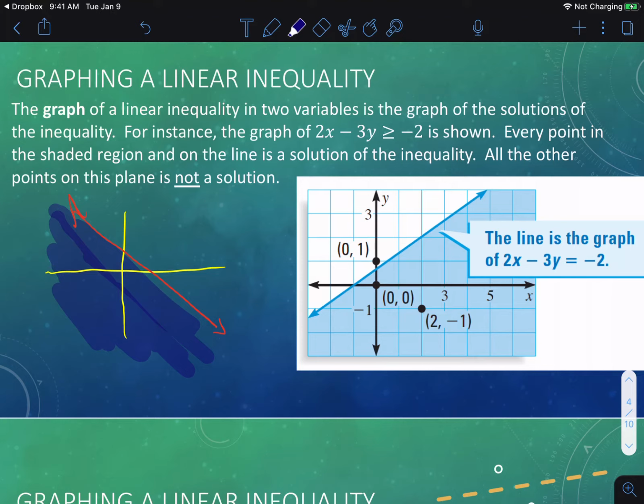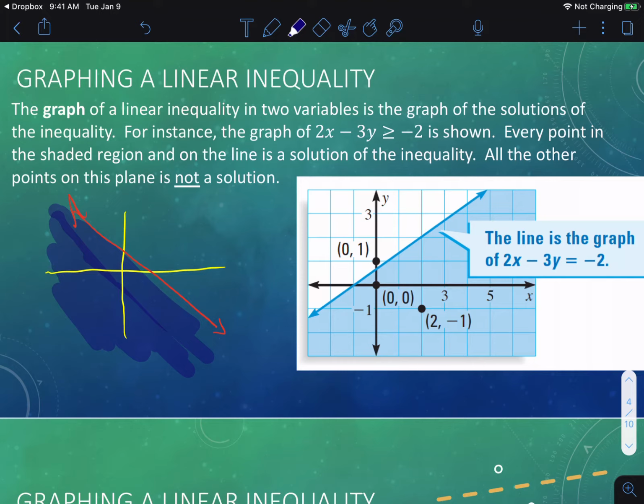So the graph of a linear inequality in two variables is the graph of the solutions of the inequality. Remember, we were checking for what are solutions and what are not solutions. For instance, the graph of what we were measuring up above was 2x minus 3y is greater than or equal to -2. The line itself is shown here, and then it's shaded to the lower right.